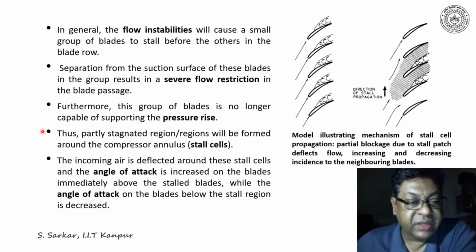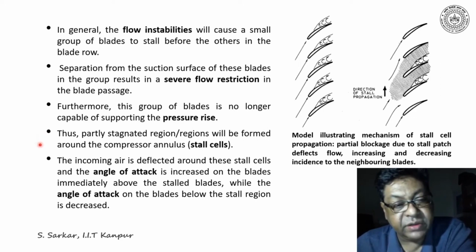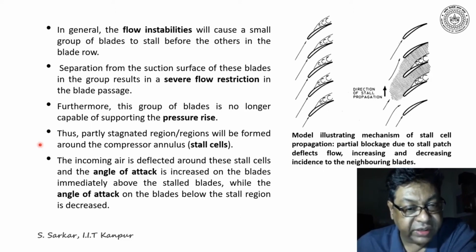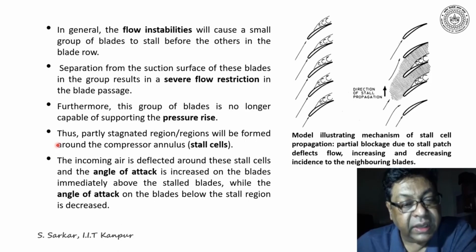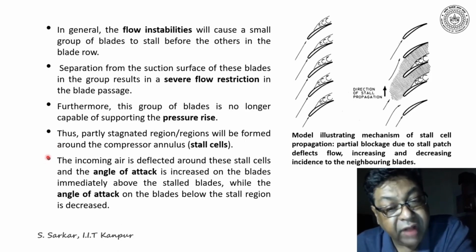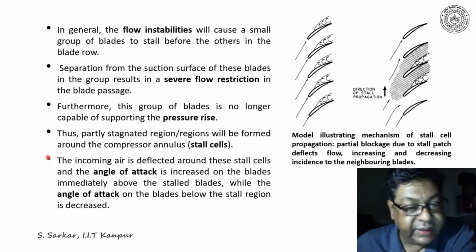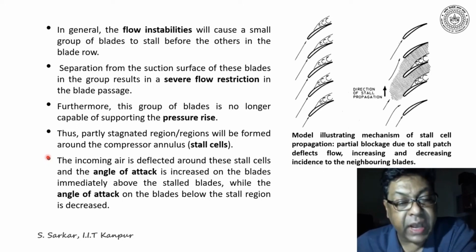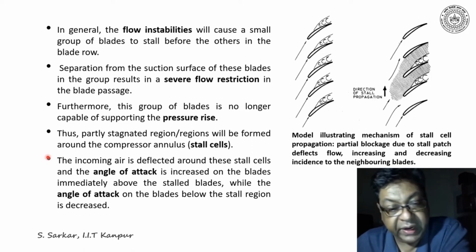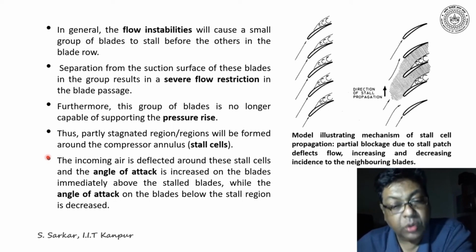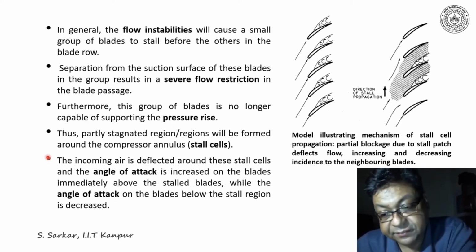What is the effect of these stall cells? Because of this partially blocked region, the incoming air is deflected, and thereby the angle of attack would increase on the blade immediately above the stalled blades, while the angle of attack on the blade below the stalled region would decrease.